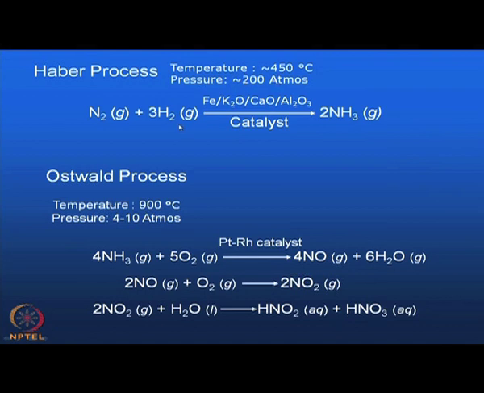This has tremendous industrial application: you can get an enormous amount of nitrogen from the atmosphere. There is virtually no expenditure, you just have to supply hydrogen, and then the catalyst is regenerated.